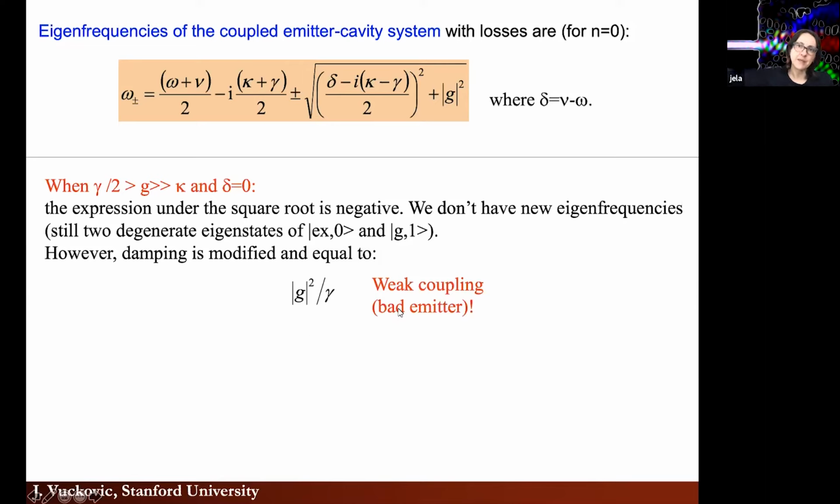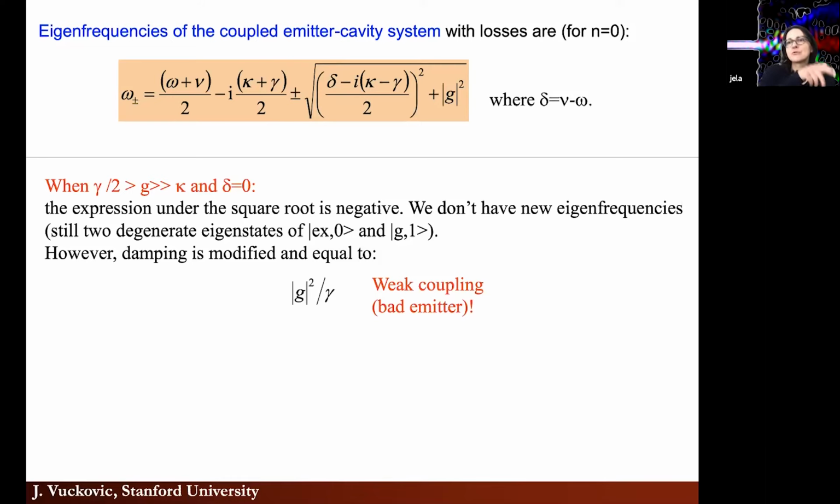So in the bad emitter limit, the decay rate when your emitter is in the cavity would be 2g squared over gamma. And that's no longer enhanced by a Purcell factor because there is no Q factor here at all. g squared depends on 1 over mode volume, and gamma doesn't depend on the Q factor, okay? Which tells you that trying to improve your Q factor is not going to help you increase the spontaneous emission rate if you're already in the regime where your cavity is narrower than your emitter.